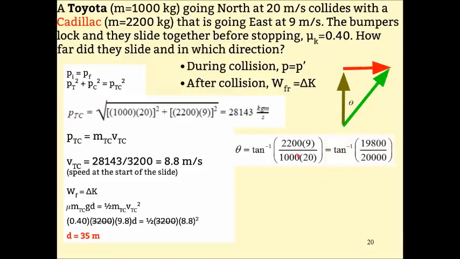You could put it in just like that, or you can calculate this first. And then the angle ends up to be 44.7 degrees east of north. Well, that's a very complicated one, I know. It can get more complicated, but for right now, we'll just leave it like that.